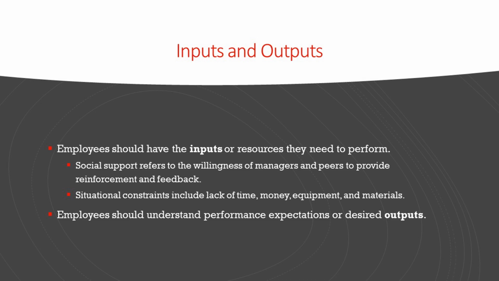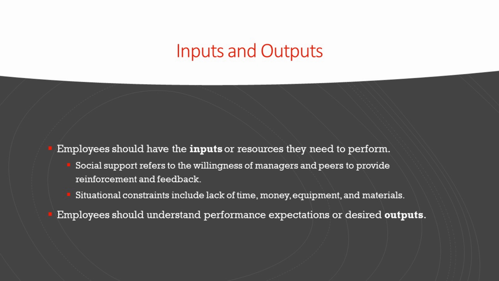We need to know what resources or inputs are available to support trainees. Social support facilitates learning and performance. It refers to managers' and peers' willingness to provide feedback and reinforcement. Situational constraints can impede learning and performance.